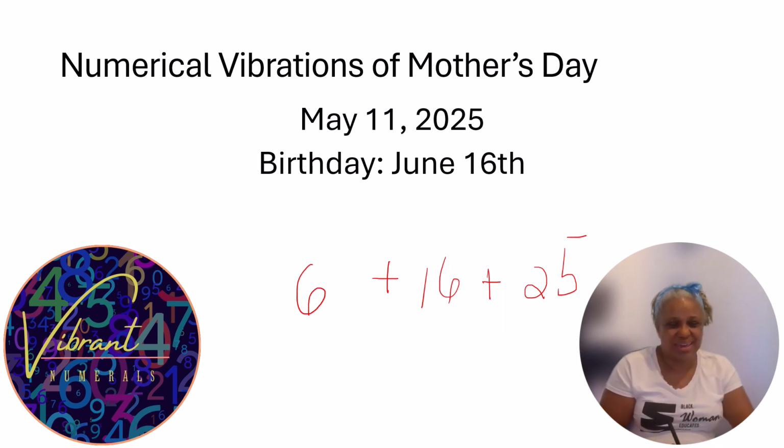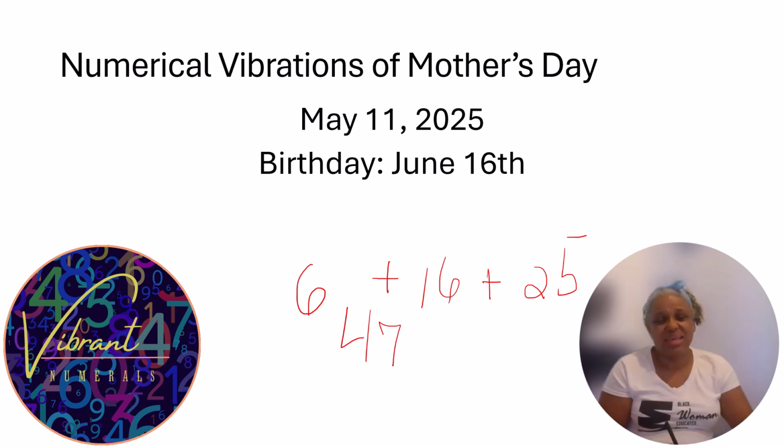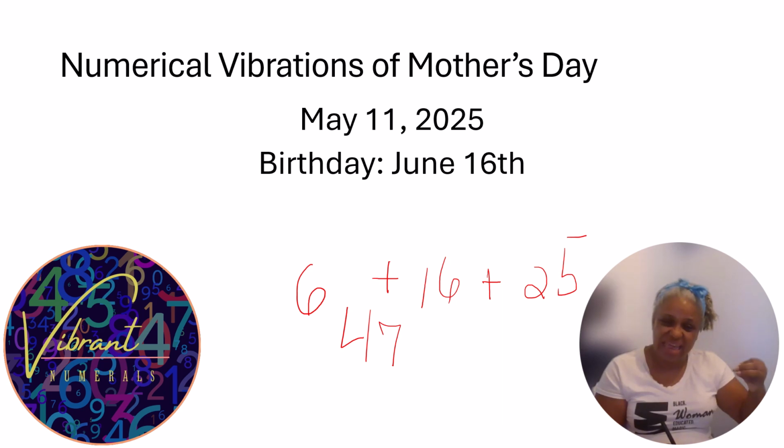We will get, let's see, 22 plus the 25 gives us 47, which is interesting because this is another 11. And so 47, we have the 7 again of taking action and flow.